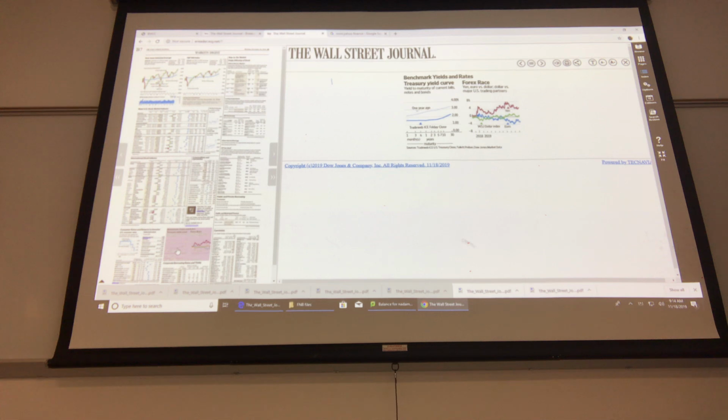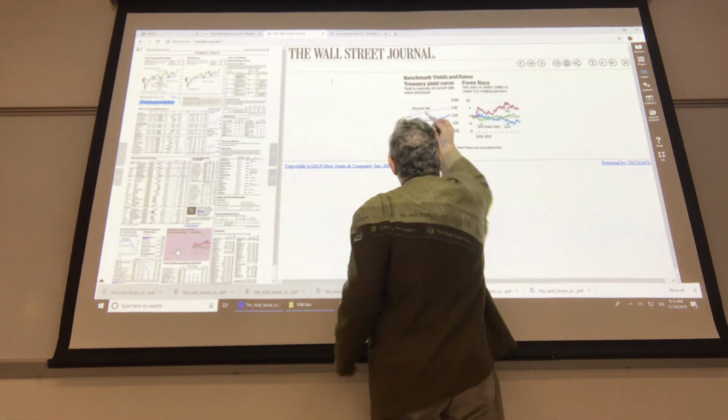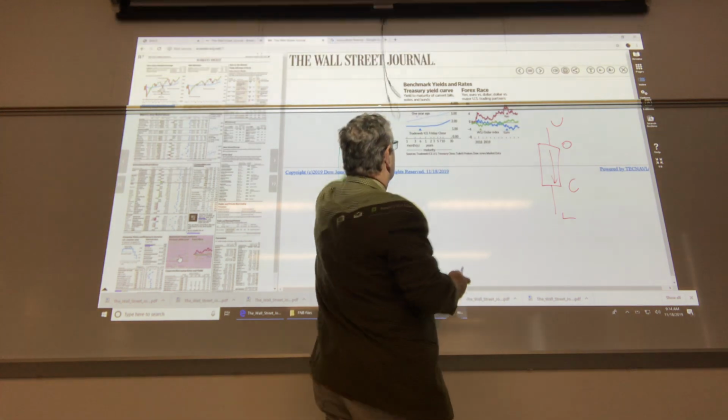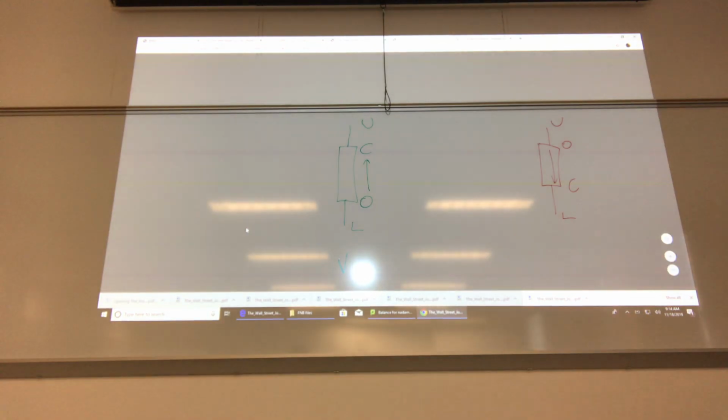And this curve changes all the time. The normal curve is what happened last year. This is the normal curve.